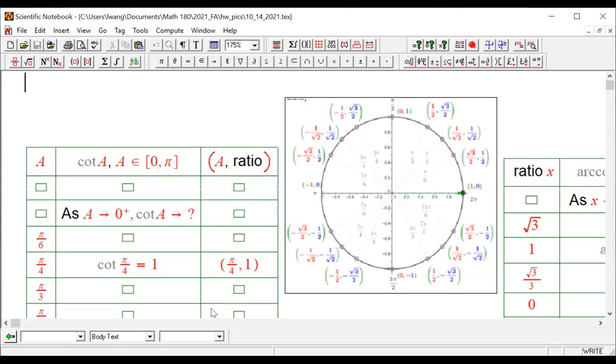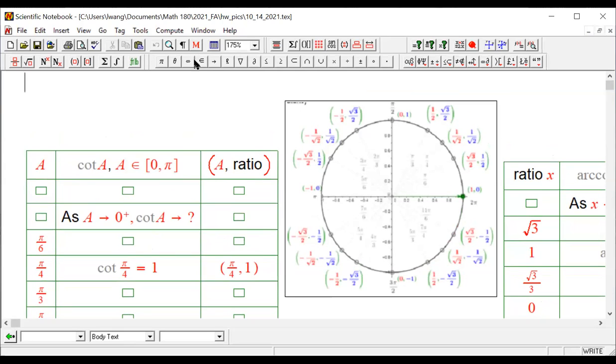Okay, so this is the cotangent table. I have given you guys these tables. When we are looking for the cotangent values, how is a cotangent defined?